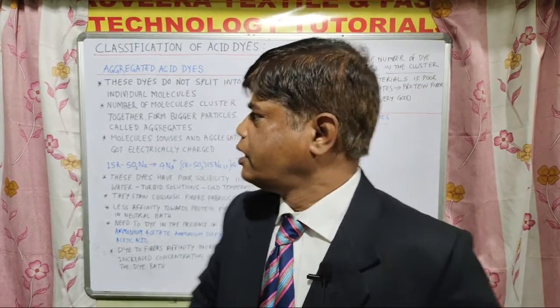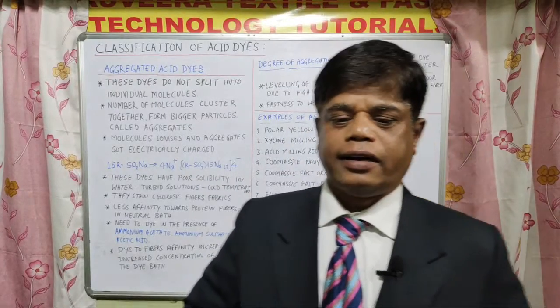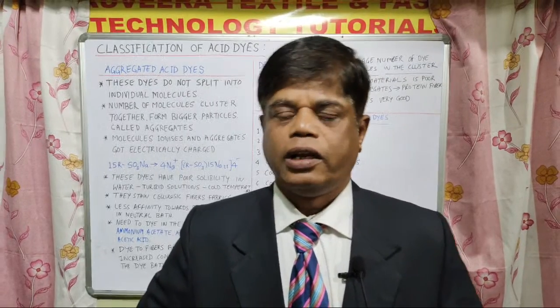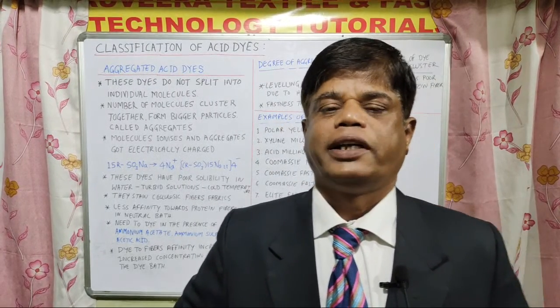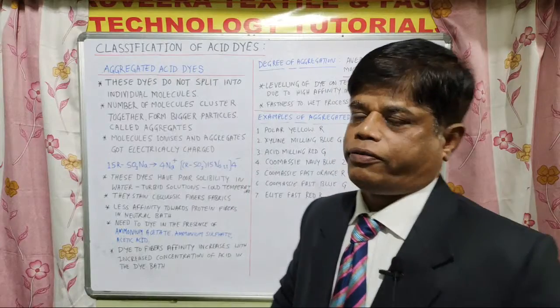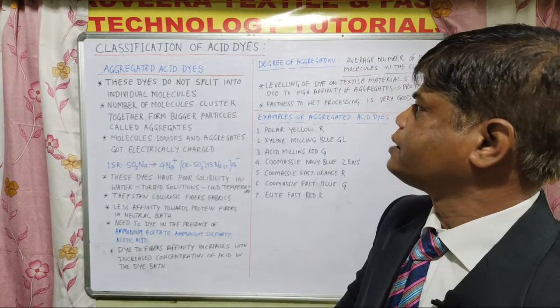Now, in this second class, the class of acid dyes which are not completely soluble in water, where the efficiency of solubility in water is very less, such kind of dyes are called aggregated acid dyes.